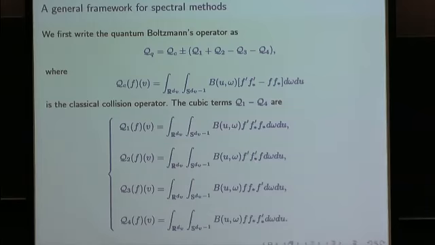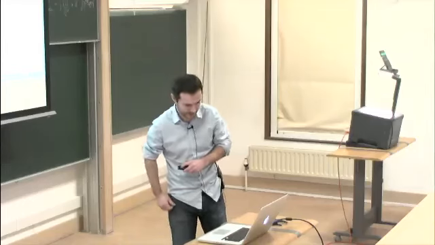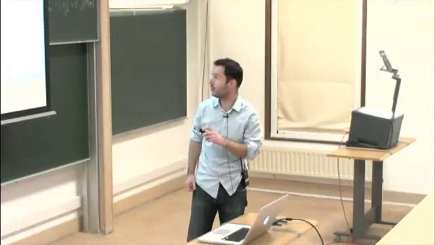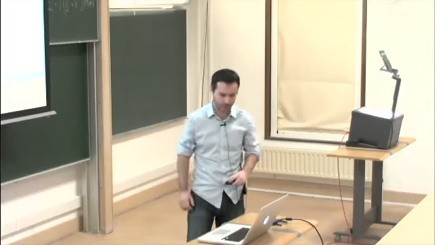You see that this operator is really non-local, since there is no dependence on f of v, whereas for Q2, Q3, and Q4, there is f of v everywhere. So there are some local aspects there. Here I will concentrate on how to approximate this operator Q1.